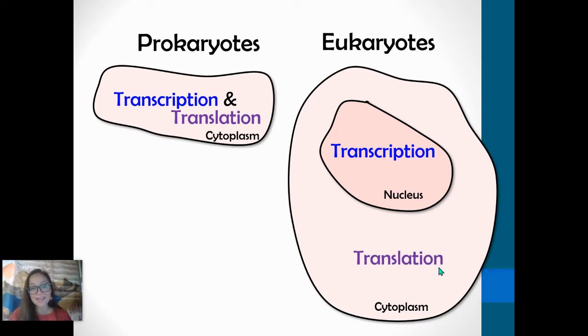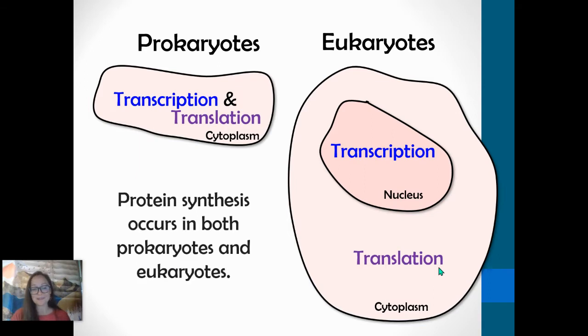However, if you look at this diagram, you notice it's done in different locations. In bacteria or prokaryotes, they don't have a nucleus. So their transcription and translation will occur simultaneously in the cytoplasm. Versus in eukaryotic cells, transcription will happen first in the nucleus, followed by translation in the cytoplasm.